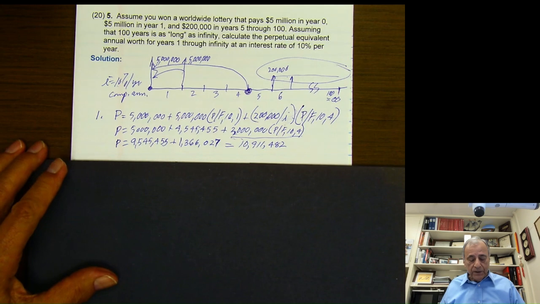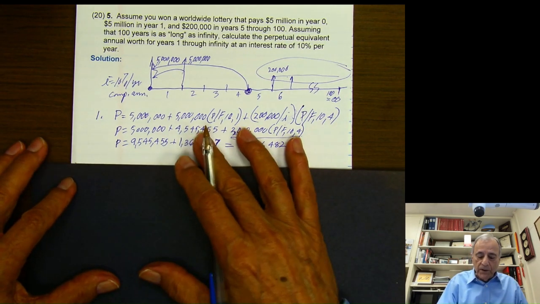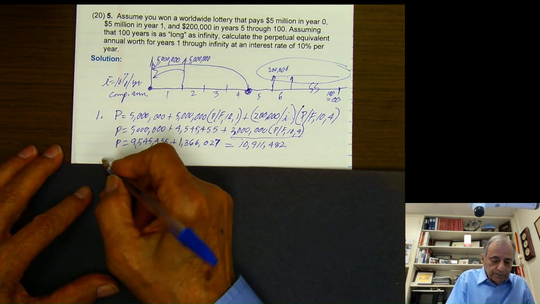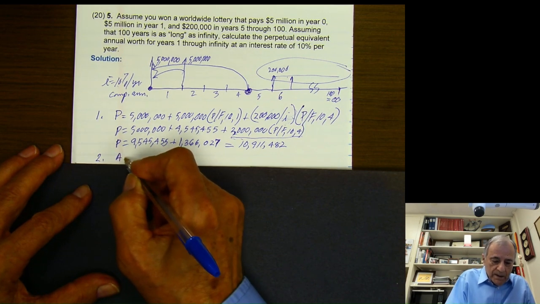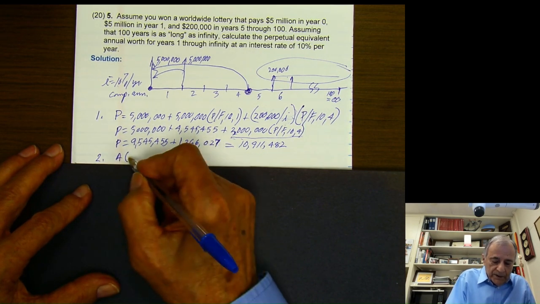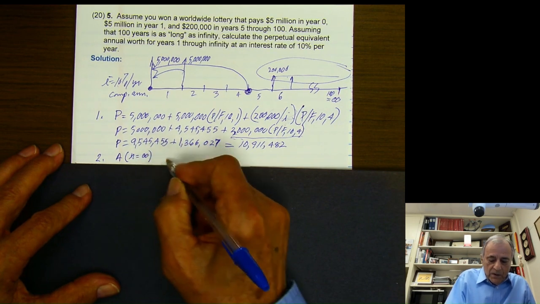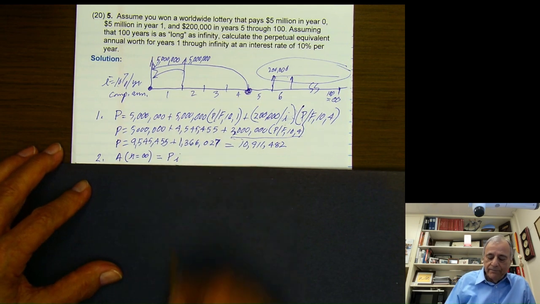Now I'm going to take that P value and convert it to an infinite A series. So A infinite for n equal infinity will be equal to P times i.